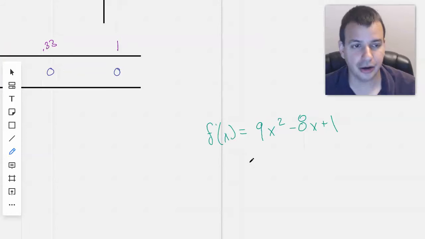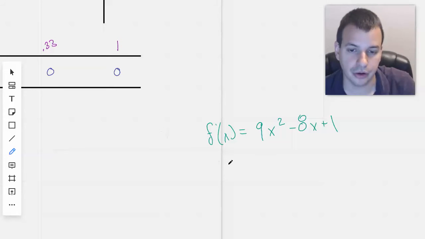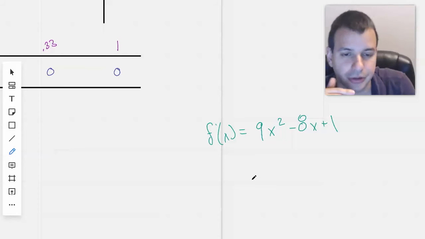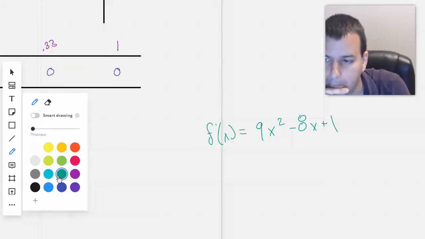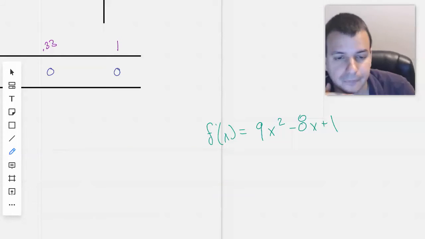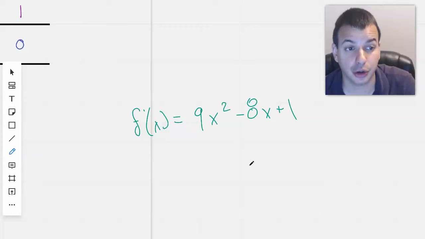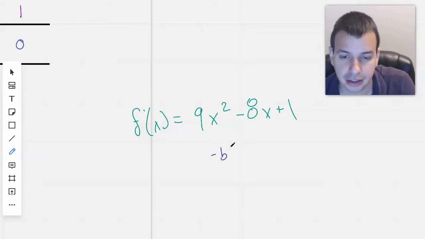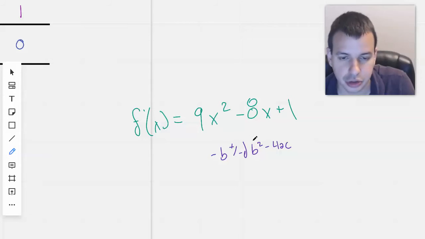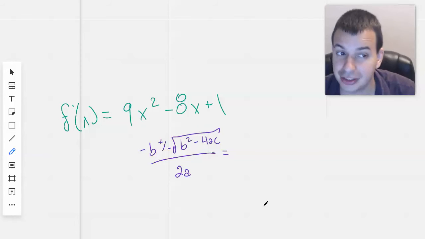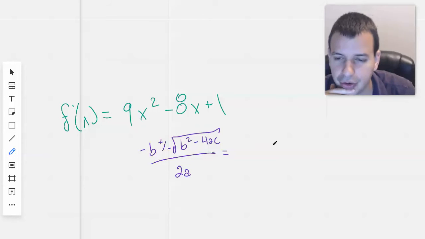So what we want to do now is we want to solve this for the roots of this equation, and that'll give us our critical points. Okay, so again, we're just going to go straight to the quadratic equation. So negative b plus or minus the square root of b squared minus 4ac, all over 2a equals, and if you guys don't know, this is the quadratic equation, you should know the quadratic equation.